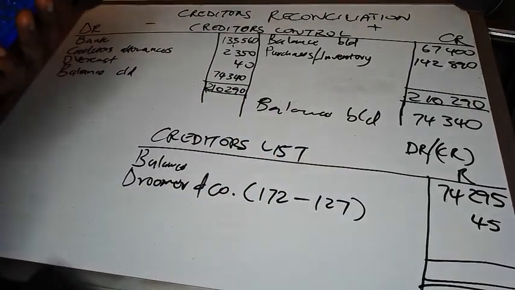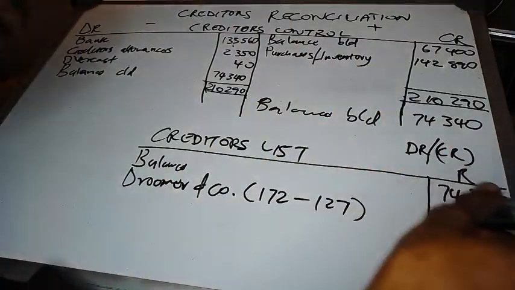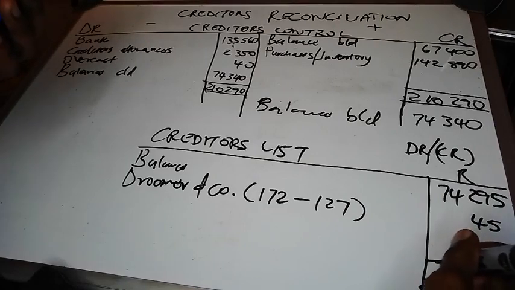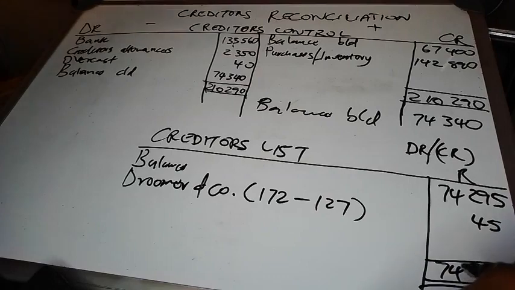Now let's go to the creditors list. In the creditors list we add the balance with the undercast. So we've got 74,340, right?